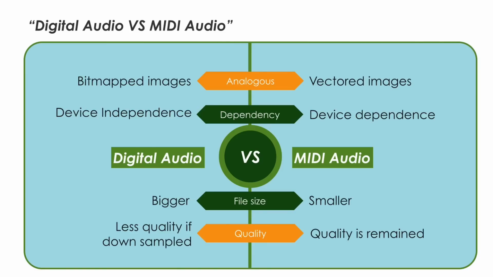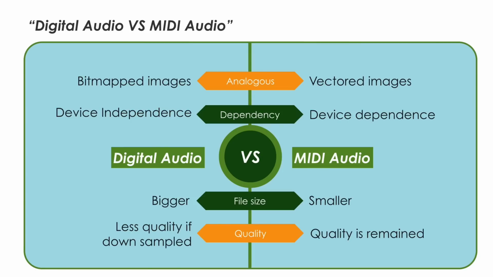Okay, so the analogy for the Midi audio is the vector image. Okay, where vector image maknanya dia terdiri daripada titik-titik garisan sahaja. So Midi pula terdiri daripada nombor-nombor yang telah diplotkan lah di dalam score music.